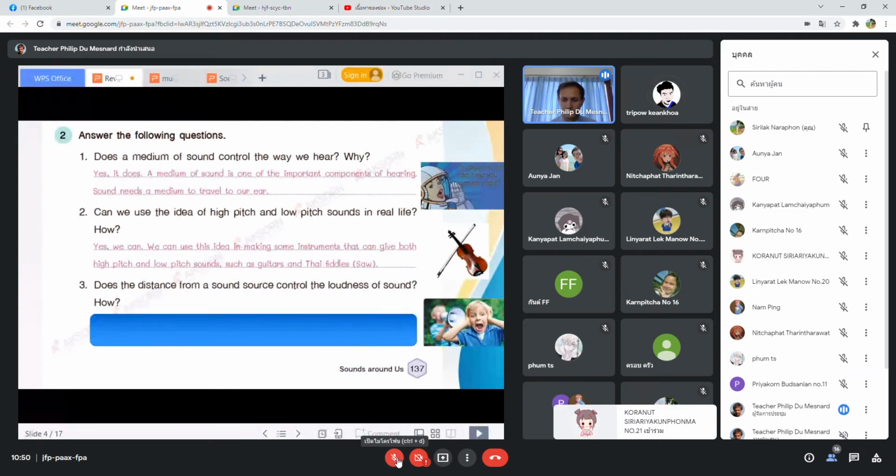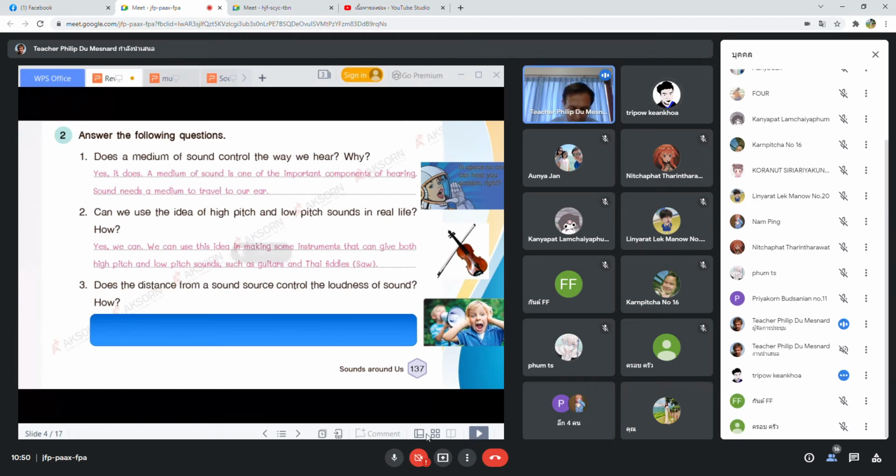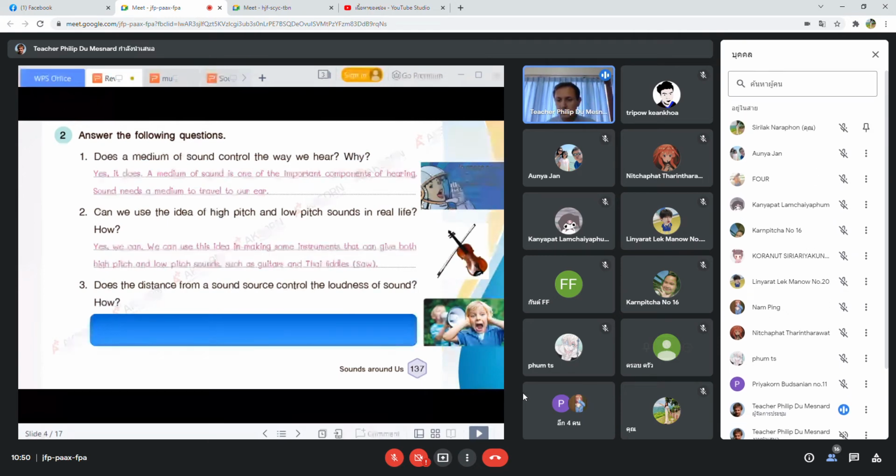Okay, I see there are some more students. The student called FF. What is your number? Gun, number 4. Okay, got it. The FF, that is number 4. Thank you. Then we have a student who has a Thai name which I cannot read. It is green. So let me just take a picture. Probably Number 16.